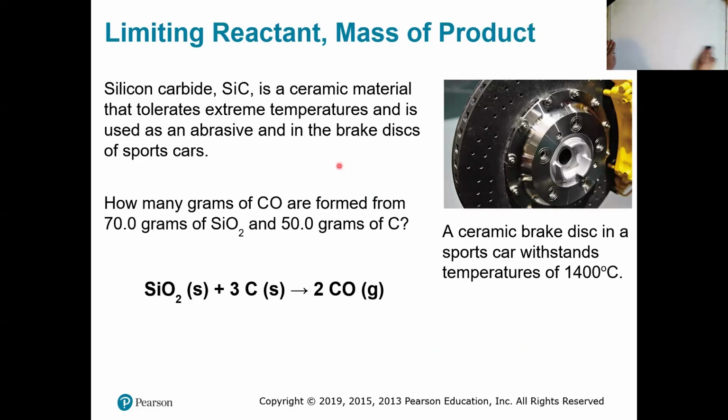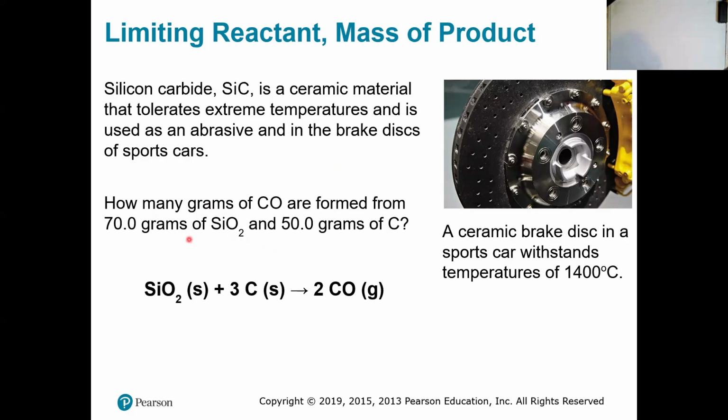They're asking us how many grams of CO are formed from 70 grams of SiO2 and 50 grams of carbon. And notice that nowhere in this question do they use the words limiting reactant or theoretical yield.